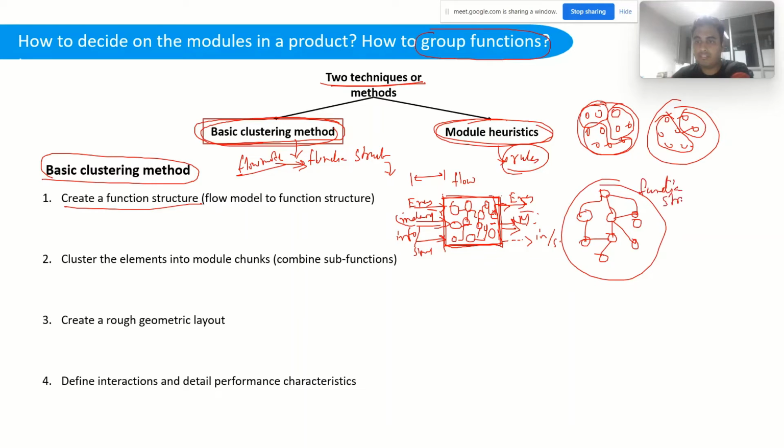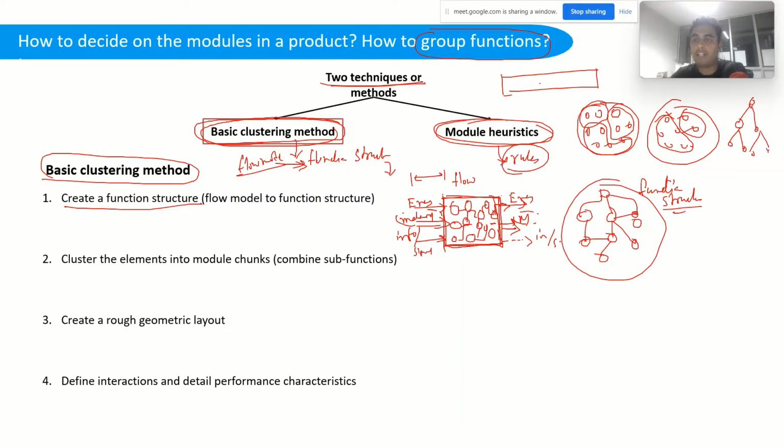In the case of simple products like an electric shaver, we have only one particular critical function path. That's why those can easily be represented as a tree structure.